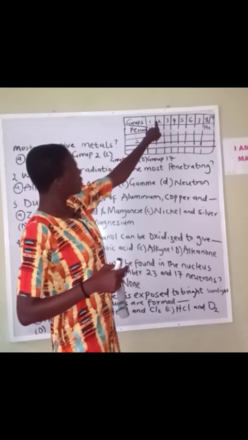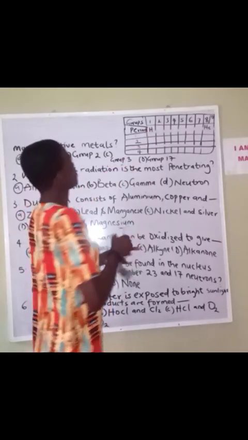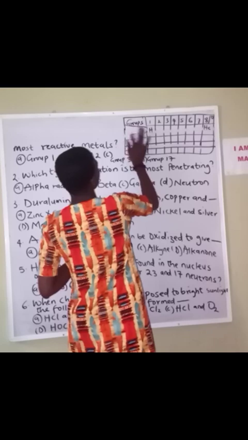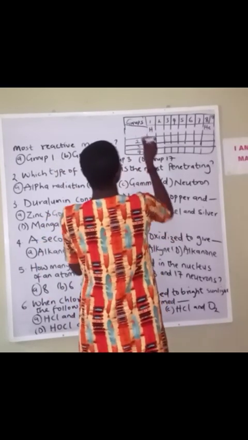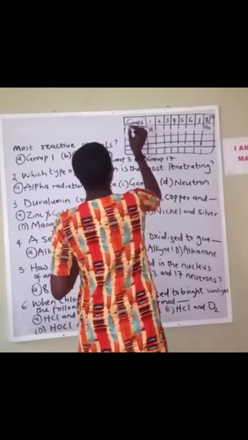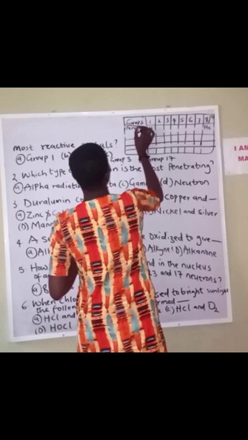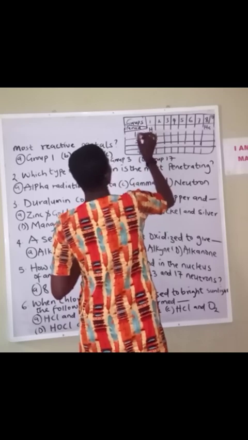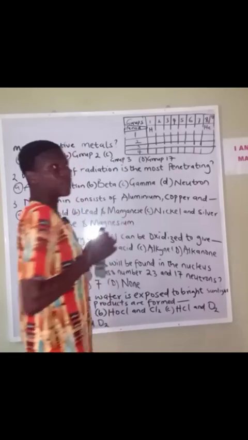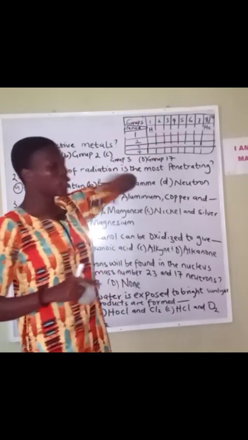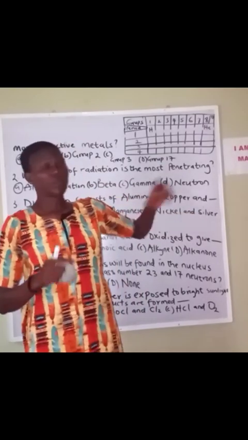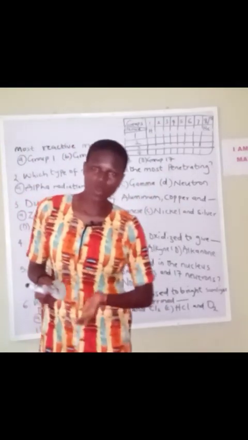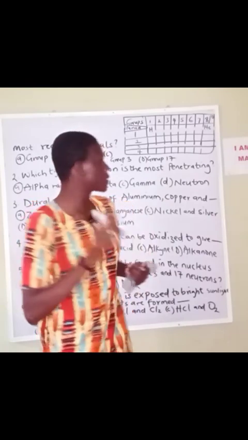Group 1, in period 1. So you're seeing it, right? Hydrogen here, helium here. The group 8 elements are called Group 8 or Group O. So they are called what? The noble gases. Okay, take note.